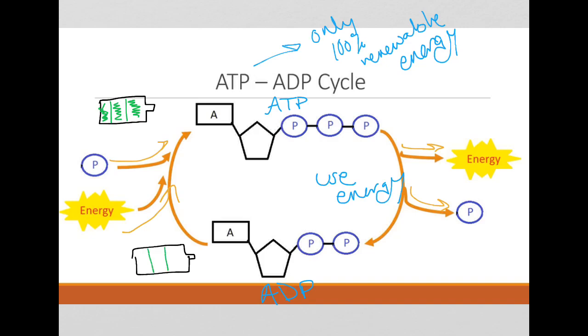ADP, on the other hand, is only partially charged. And so by adding energy, I can fully charge my battery and turn it into ATP. If I want to use energy, like using my cell phone, I use energy and my battery decreases.